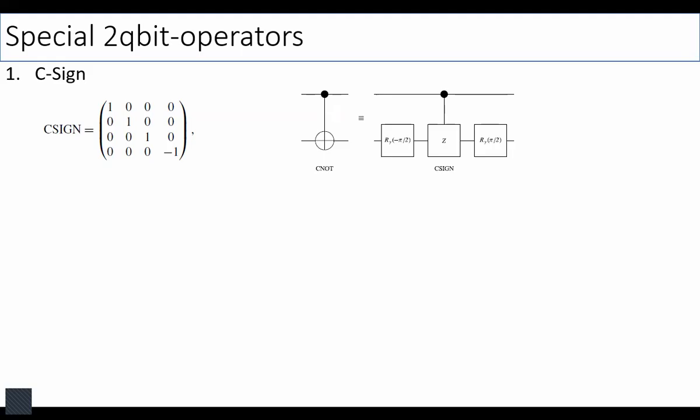And if I start with 1, phi, I will go here. So here is Ry of minus pi over 2, phi. After this, it will go to 1, Ry of pi over 2, x, Ry of minus pi over 2, phi.